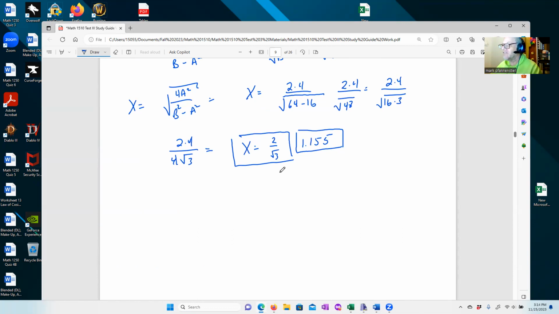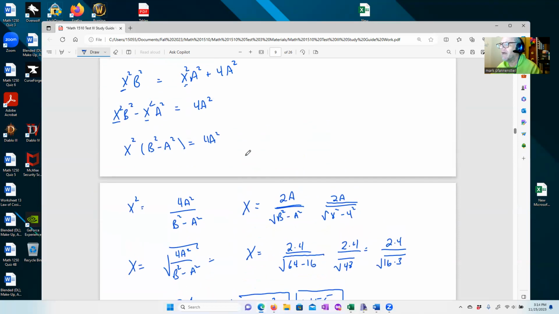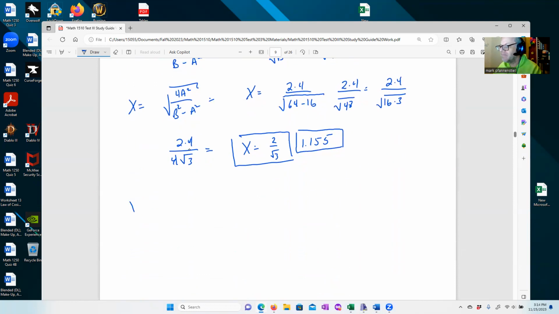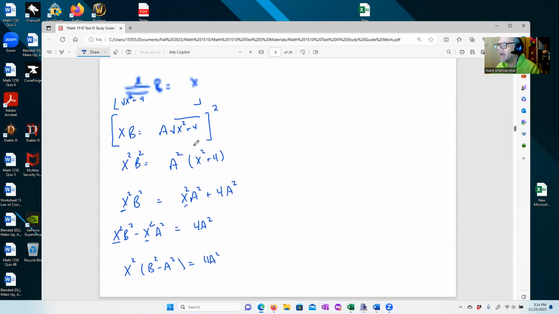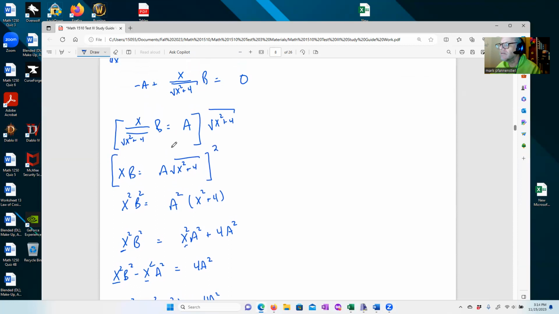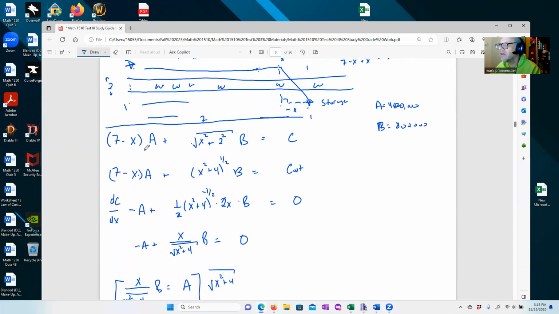Just remembering that x is equal to 1.155, we can go ahead and go back to our cost function, all the way back up here, and say this is x squared, b squared. Oh, never mind.